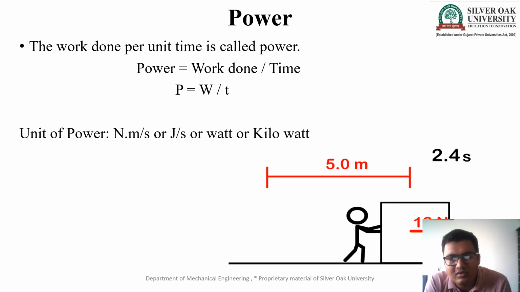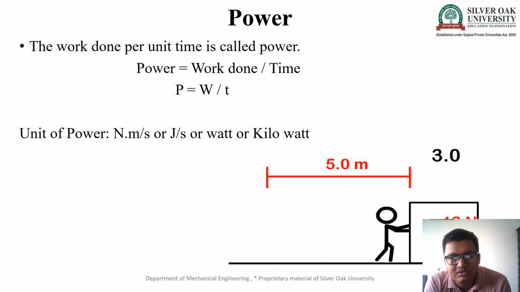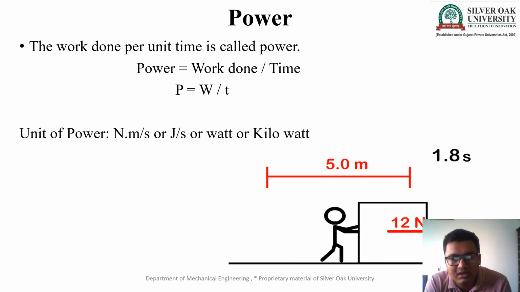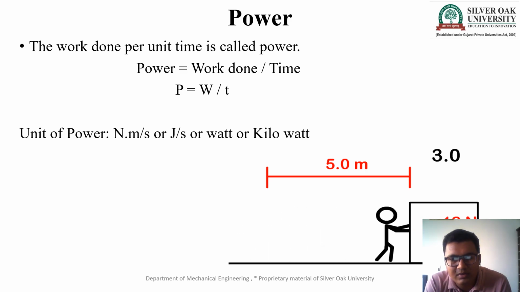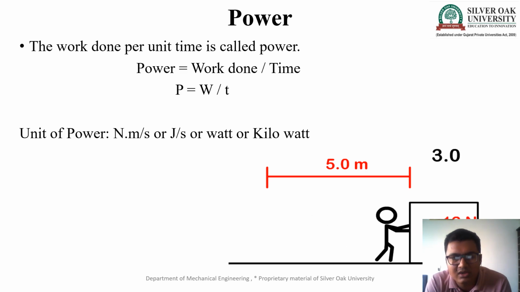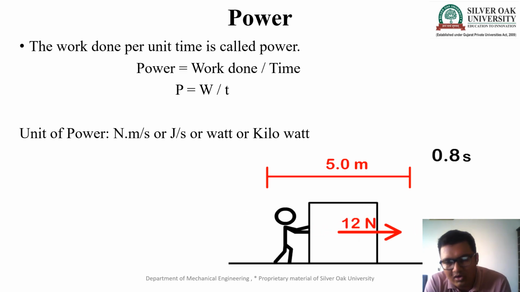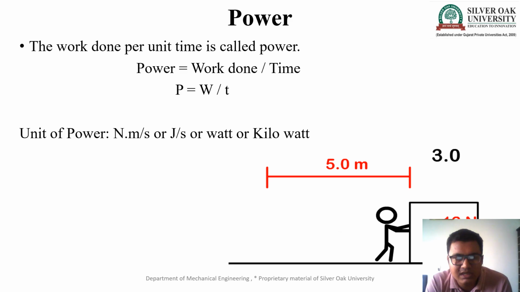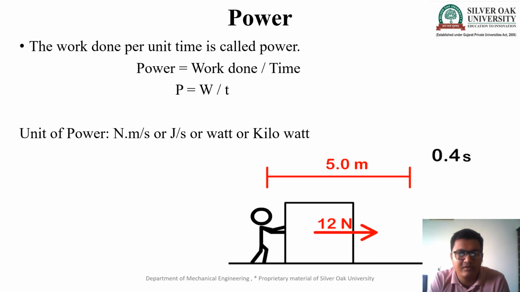So the value of power is 20. The units of power are Newton meter per second, joule per second, kilonewton meter per second, kilojoule per second, watt or kilowatt.